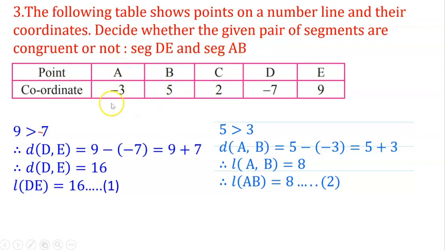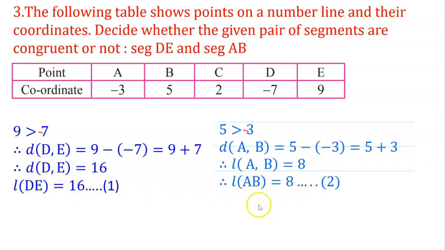The coordinate of A is -3 and B is 5. 5 is greater than -3 and therefore distance AB is equal to 5 minus in bracket -3. This minus minus will become plus. 5 plus 3 is equal to 8 and hence the length of AB is equal to 8.